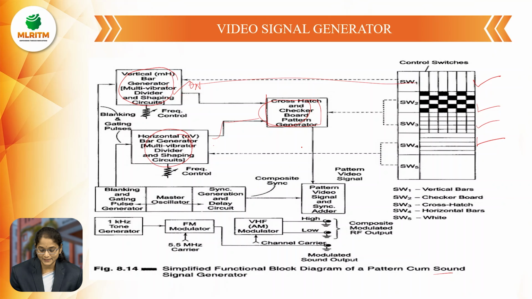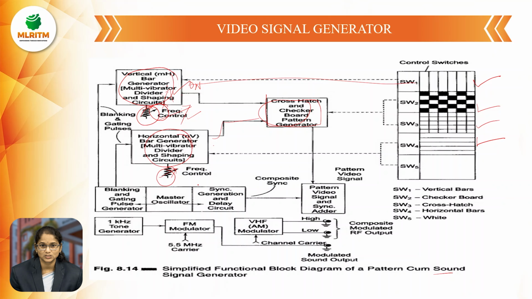Here we have frequency controllers to control the frequency of the horizontal bars and vertical bars. With the help of this frequency controller, we are going to adjust the vertical bars by controlling the frequency, and here also we have the frequency controller for the horizontal bars.